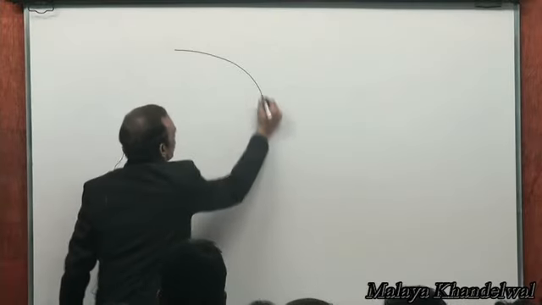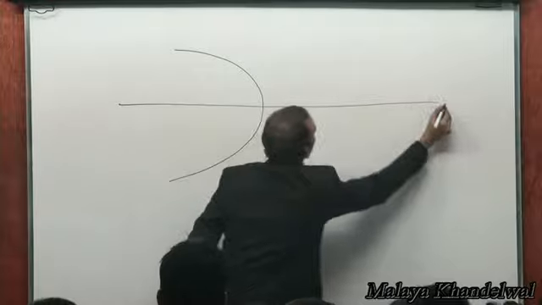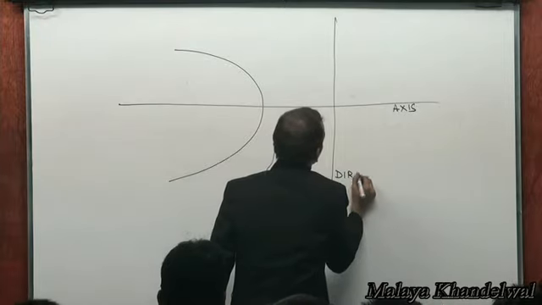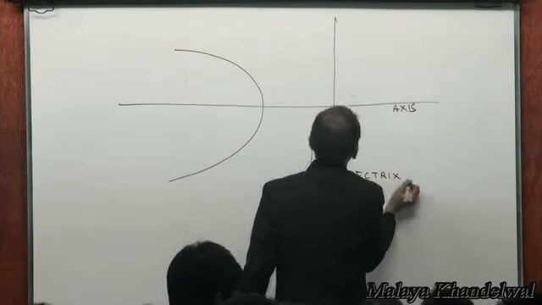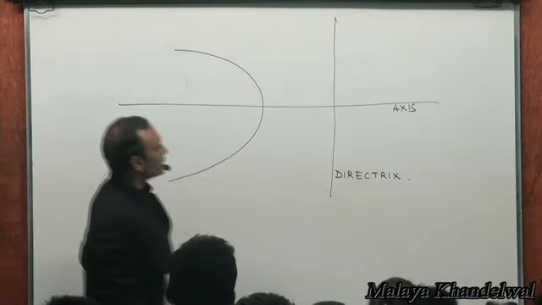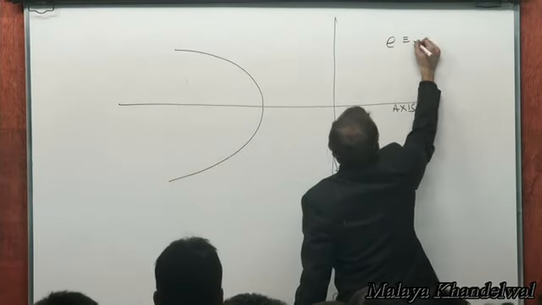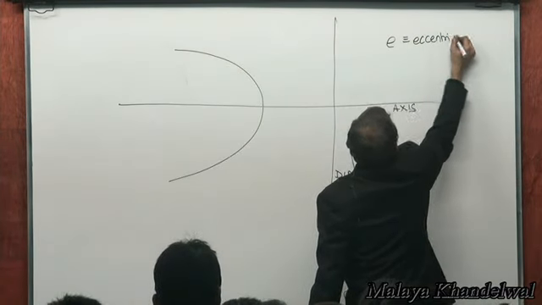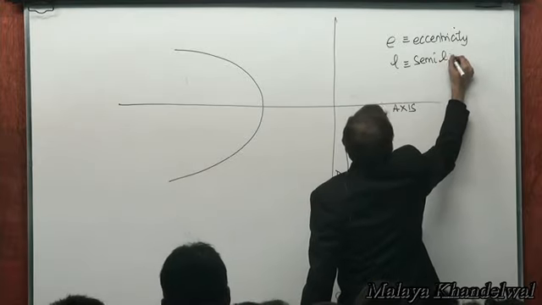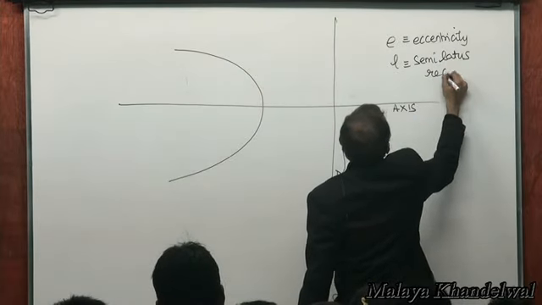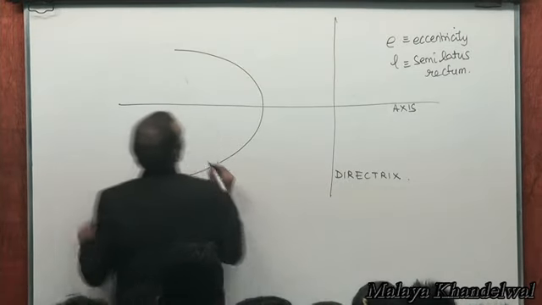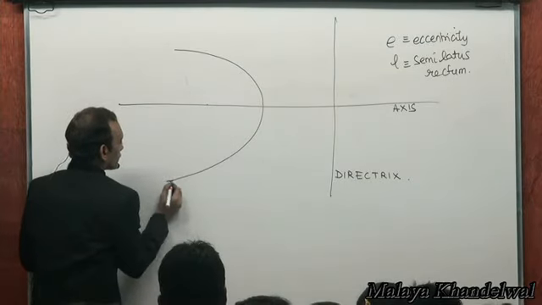Say this is part of any conic section. This is the axis of the conic section, and this is the directrix of the conic section. The conic would be symmetric about its axis. Let e be the eccentricity of this conic, and l the semi-latus rectum.